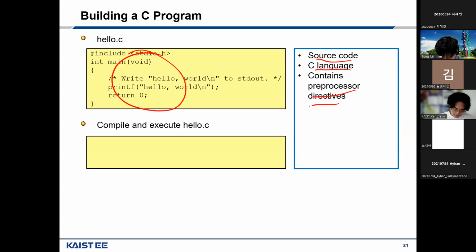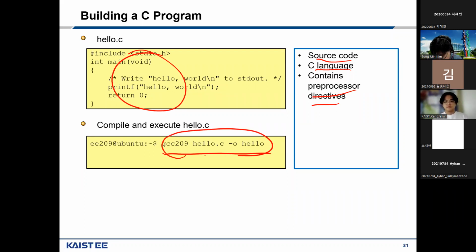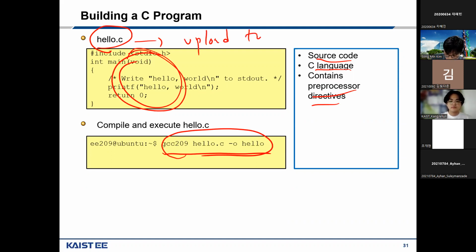We'll talk about what the preprocessor is as we move on. And how do we execute it on the server is this. You save it as hello.c, you upload this to the server, and then you do this on the server.